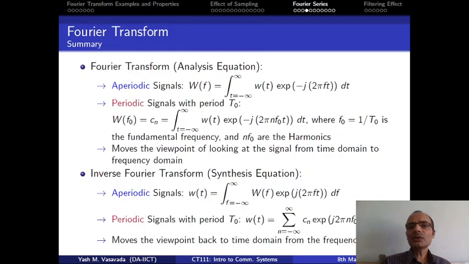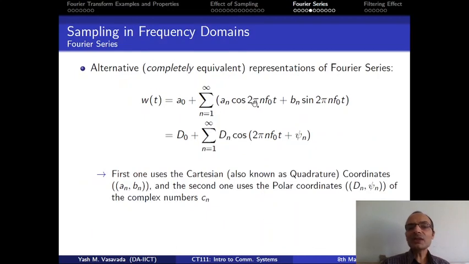Now, before we move on to the next topic, I just want to bring to your attention that this equation here, W of t, is written as a summation of complex exponentials, where each exponential is weighted by this complex coefficient C of n, which is nothing but the Fourier transform evaluated at n times f naught of this periodic signal. This representation of the time domain signal can equivalently be written using not complex exponentials, but instead cosine and sine.